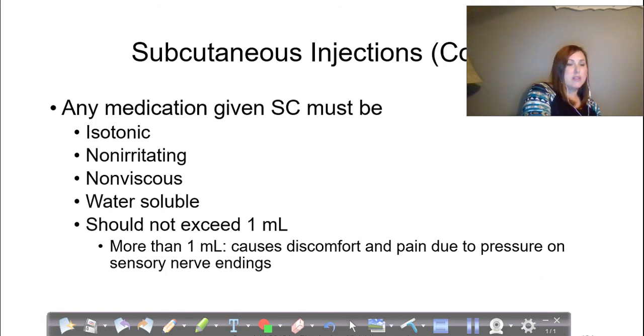Non-irritating, because any solution that's irritating is going to be painful. You cannot give anything that's viscous, so you want your injection fluid to be non-viscous or not thick. Water soluble is good. Again, no more than 1 ml because it's going to cause a lot of pain and pressure.